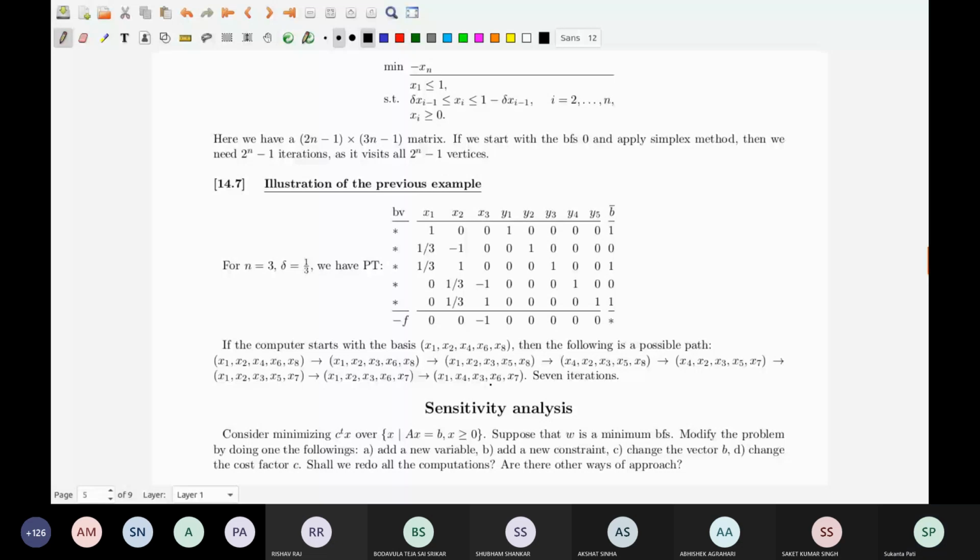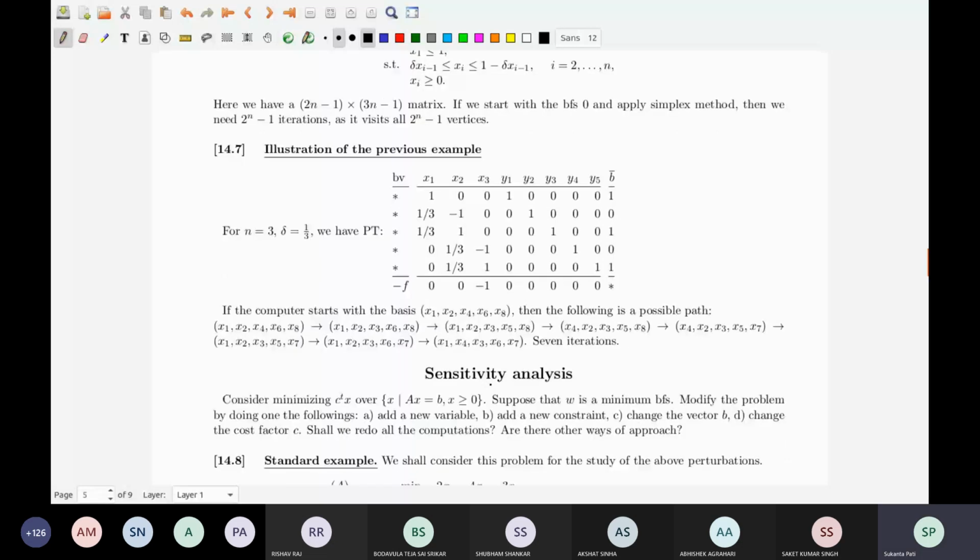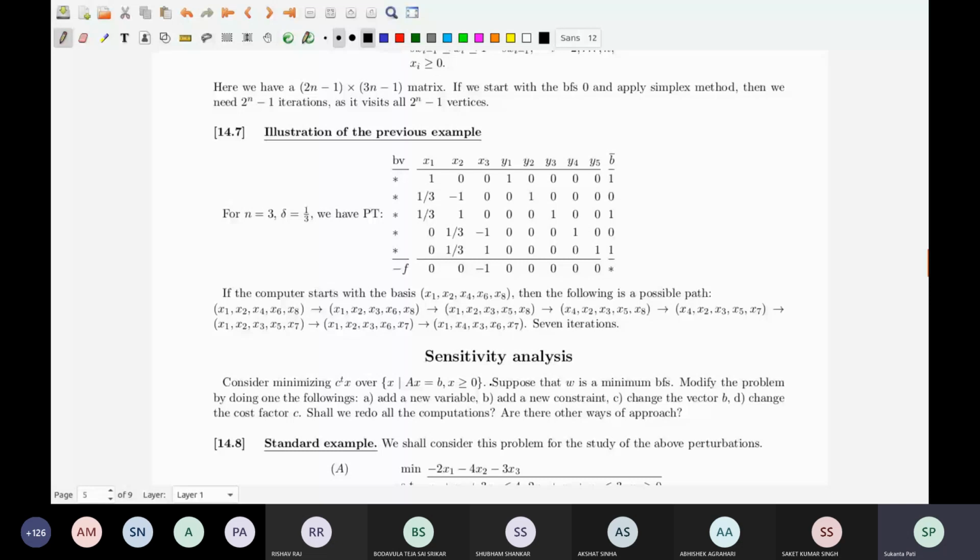So it is quite fast. People report it works quite fast. That is how, no theoretical justification. You cannot.